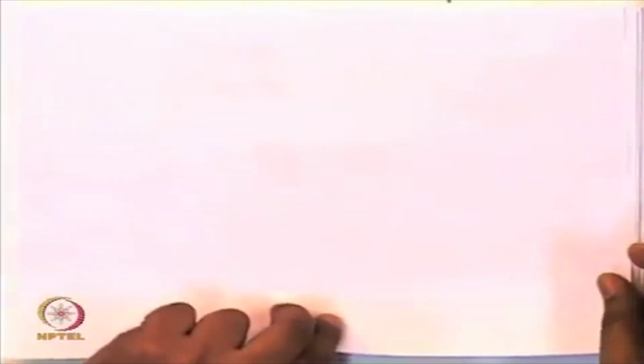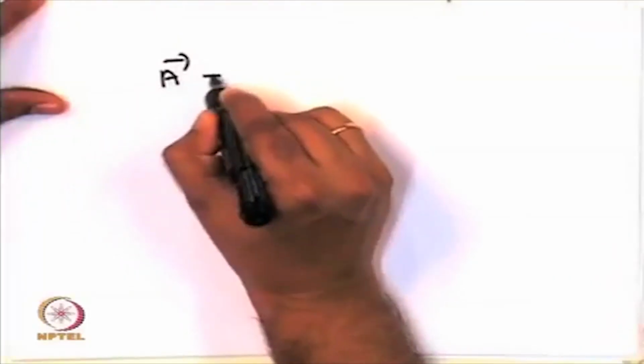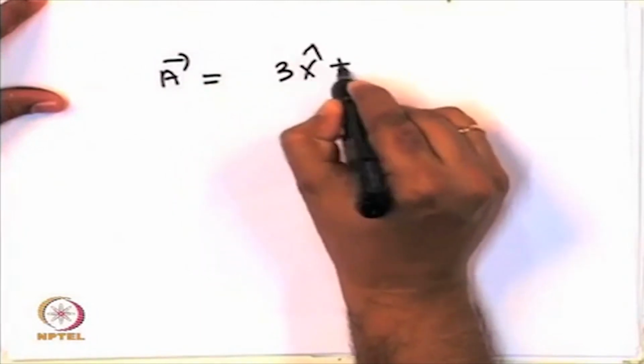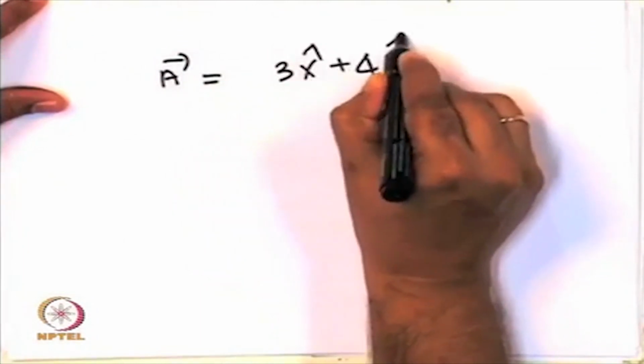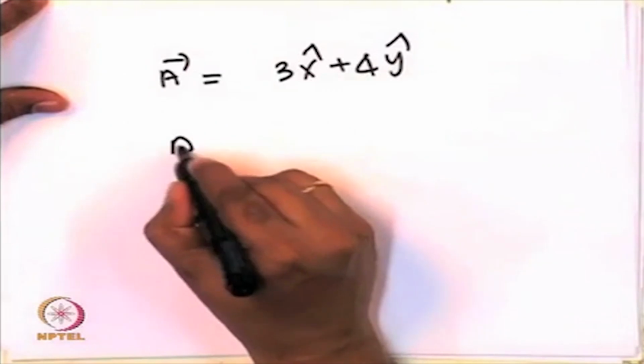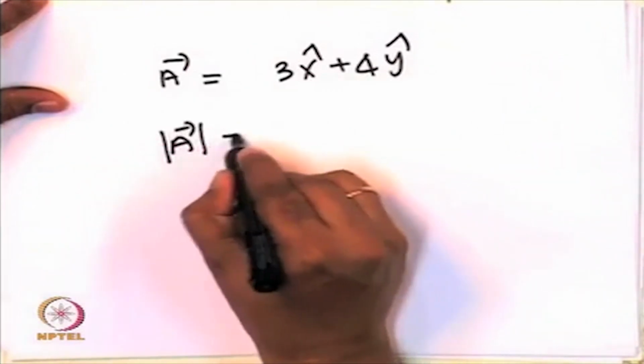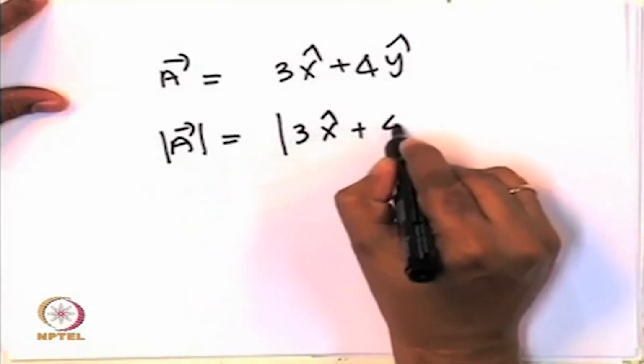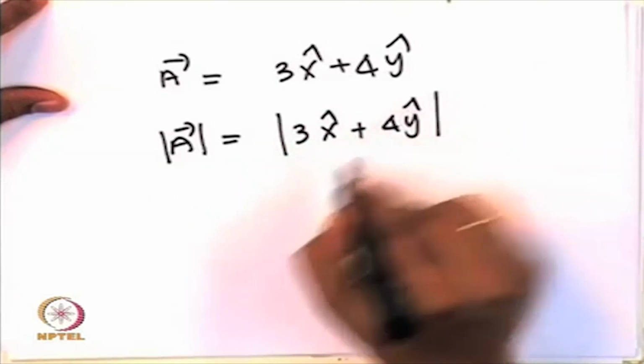So, if you have any vector, let us say A, and the vector is 3x plus 4y, mod A is mod of 3x plus 4y.